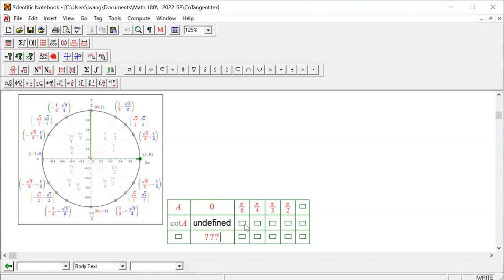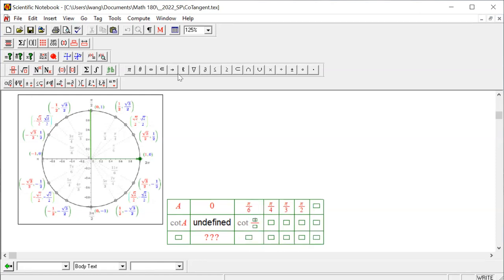Now, pi over 6. We look at cotangent pi over 6, and we take the red number divided by the blue number. That's going to be square root of 3.